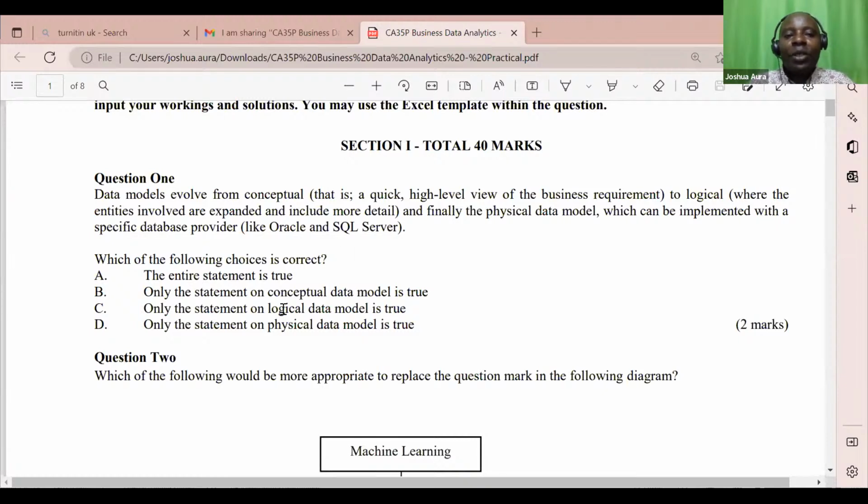C, only the statement on the logical data model is true, where the entities involved are now expanded and include more detail, or is it D, only the statement on the physical data model is true? Which one would you have taken, ladies and gentlemen, for me to be able to mark this?